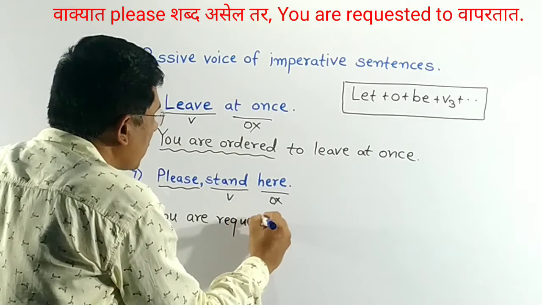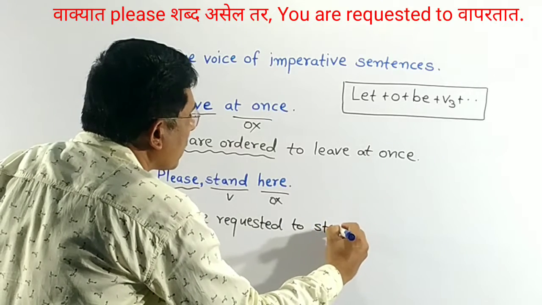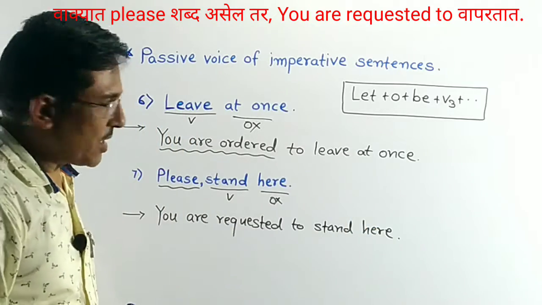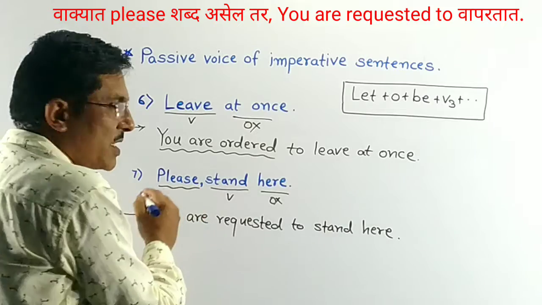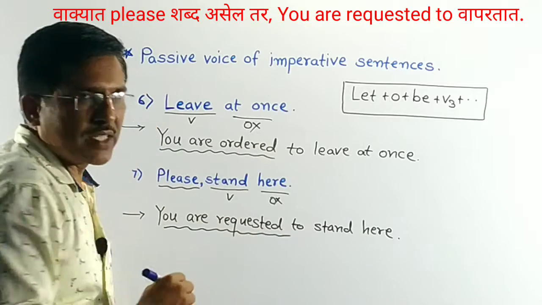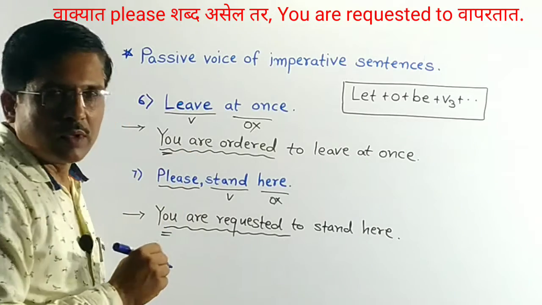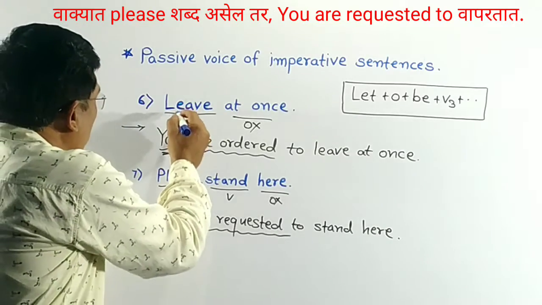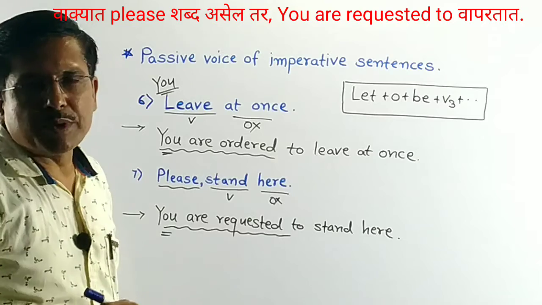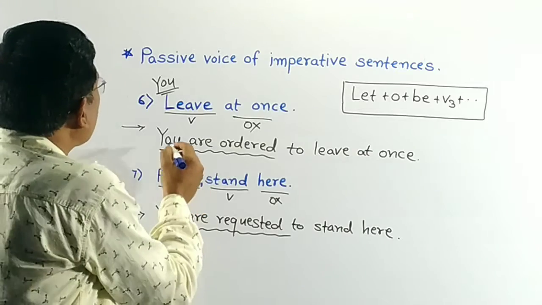You are requested to stand here. There is a please, there is a request, so we use this. Now here, what about you? You know, you is subject of every imperative sentence and it is understood in an imperative sentence. So we have taken here you.